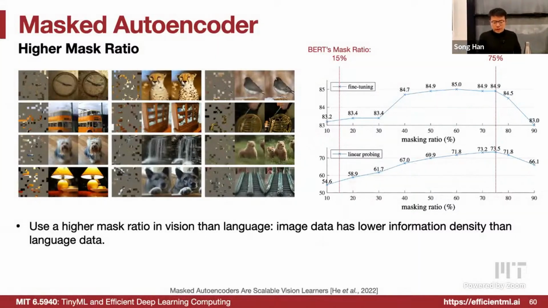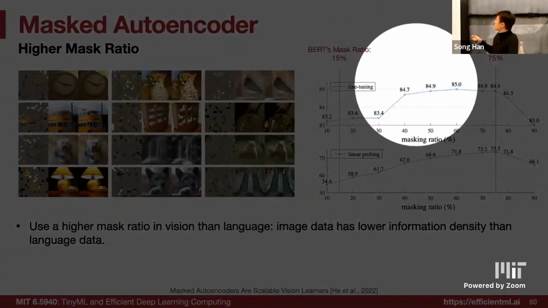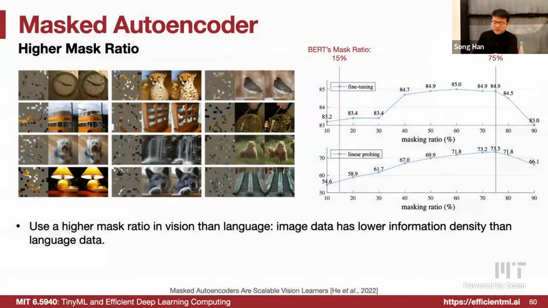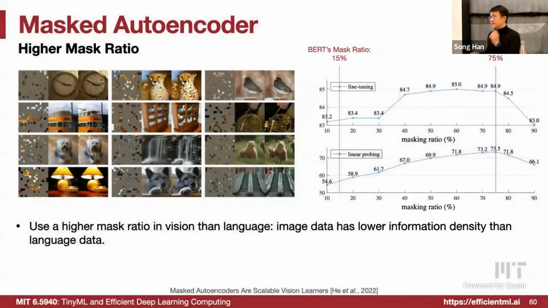So it has a pretty high mask ratio. BERT's mask ratio is only about 15%, but MAE can actually achieve 75%. What does that imply? That implies the image data has very low information density and more redundancy compared with language data, such that we can mask away more information and still recover the original information.